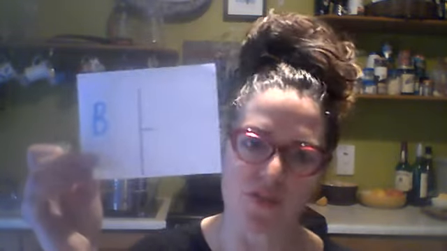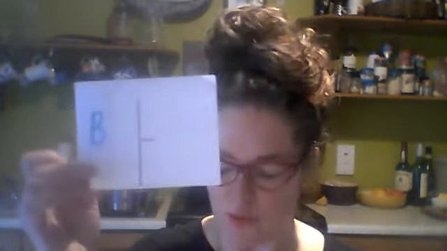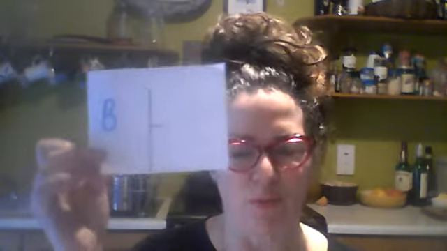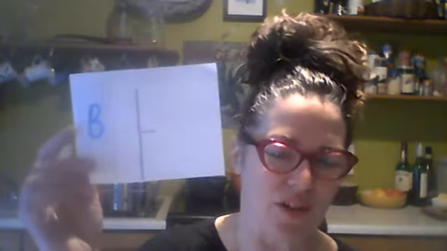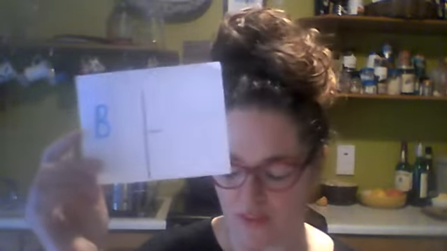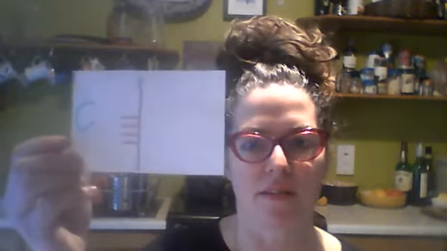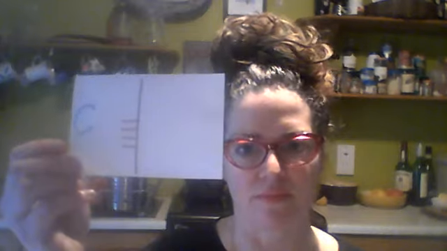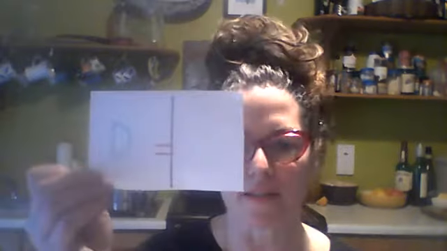I've tried to color coordinate these just for the video today, so the different groups are categorized according to color. B has a blue color, so lines to the right. The C, 4 lines to the left. The D, 2 lines to the left.